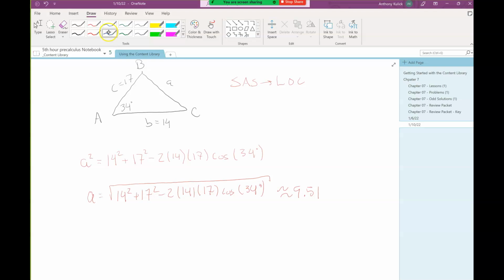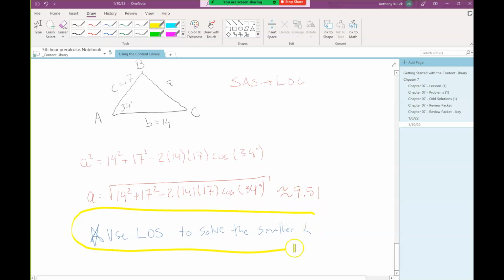So let's make a little note of what we're doing here. Okay, so at this step, after we've used the law of cosines, we're going to use the law of sines to solve for the smaller angle. Always. Okay?